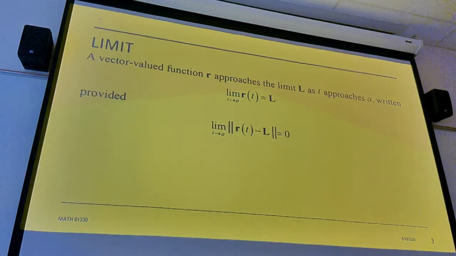And then you use the definition of the limit of a function to understand what that limit means. Right? Because that's just a function, isn't it? A really hideous function, but a function nonetheless.